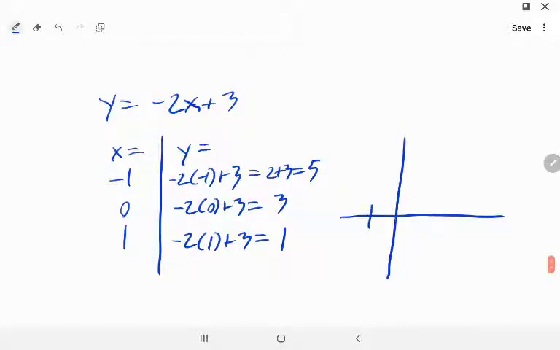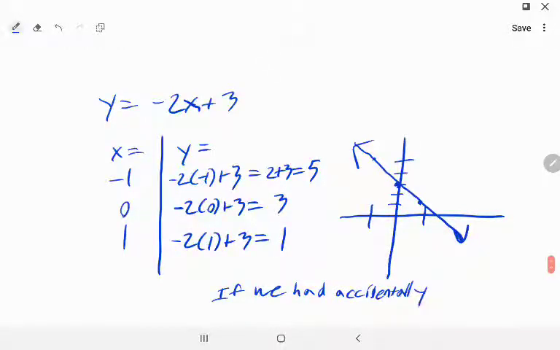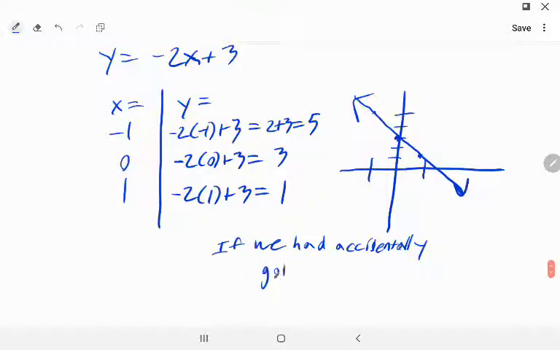So if we have the points negative 1, 5, 0, 3, and 1, 1, those all look like they're going to land on the same line. If we had accidentally gotten the point 1, 5, that looks wrong.